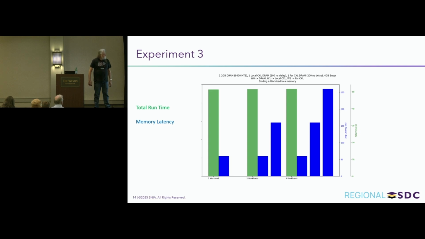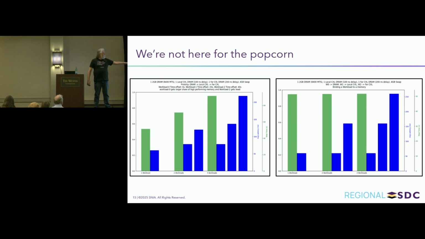I apologize, the numbers here are incredibly small, but the total runtime came down as well. In this case, the total runtime for all 3 applications is less than it was in the first case, where here we're running almost 90 seconds to completion, and on this side we're running 50 seconds to completion.